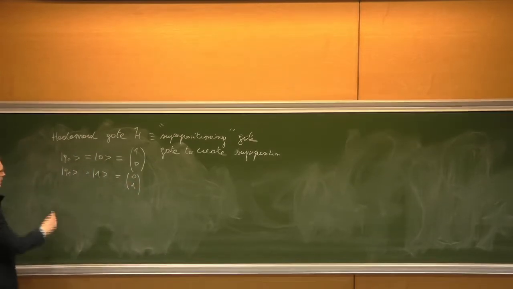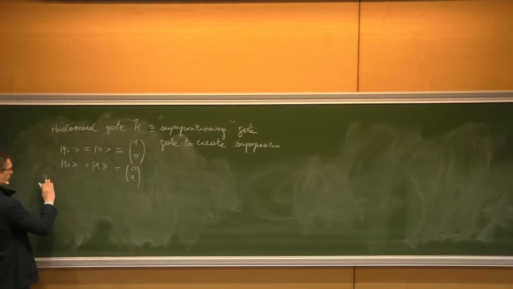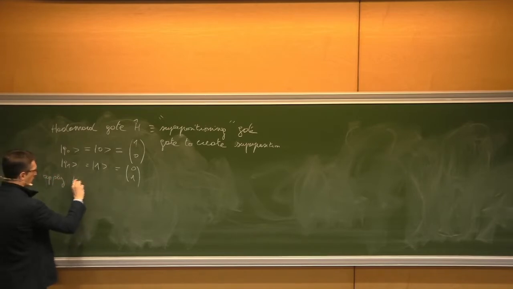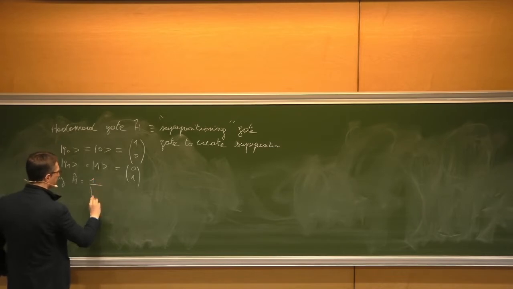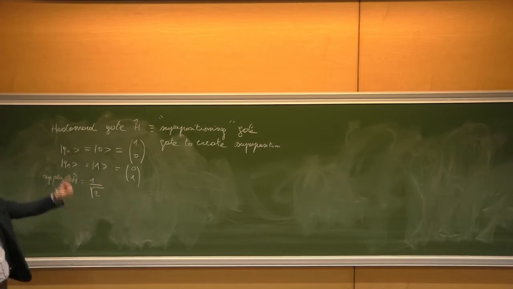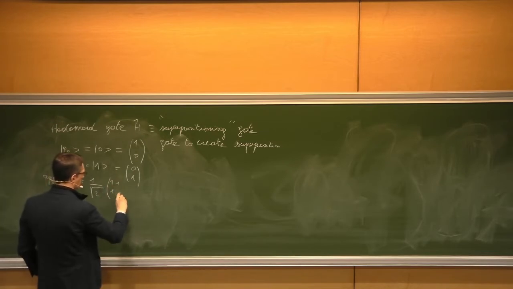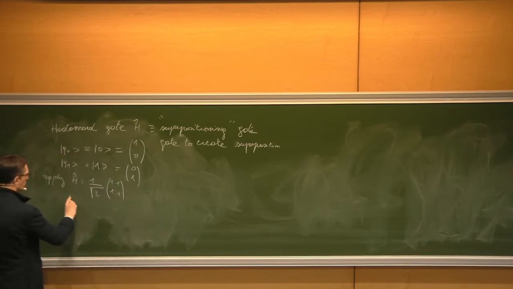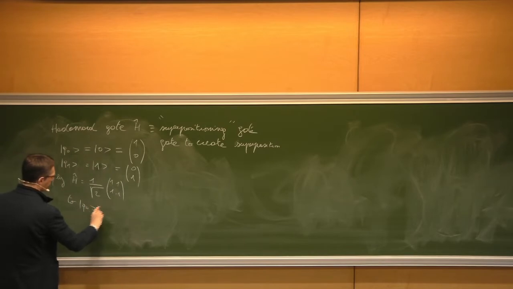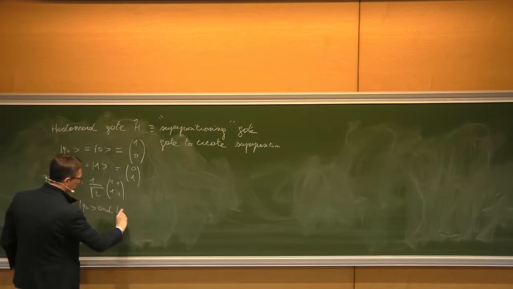And now I can apply H, which is given by 1 over square root of 2, times the matrix (1, 1; 1, -1). I can apply it to Q0 and Q1.